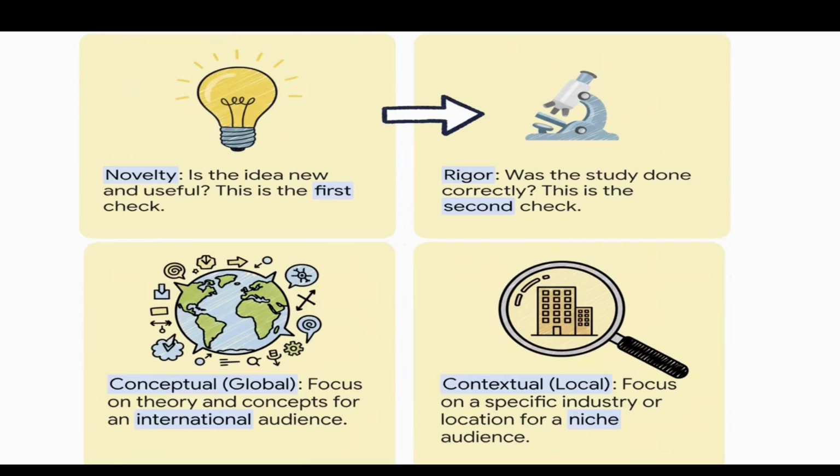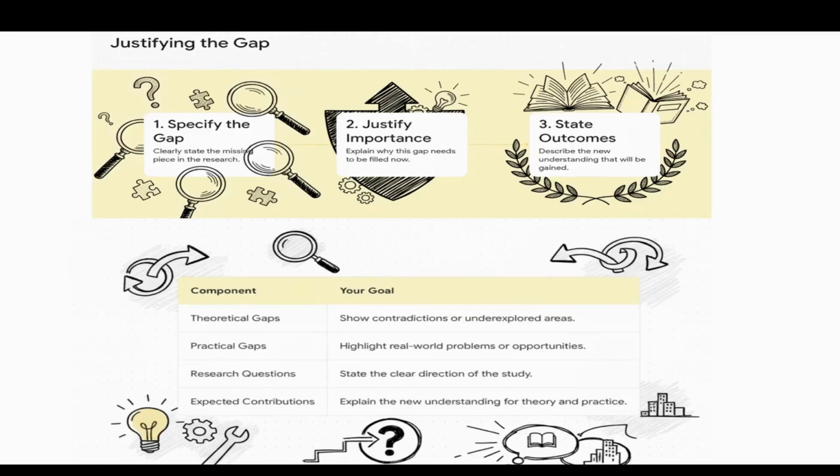We have to understand this, and make a habit of balancing novelty with rigor, global contribution as well as local contribution, that is, conceptual contribution as well as contextual contribution. So, researchers, let's note all these checkpoints when we are making our introduction ready.